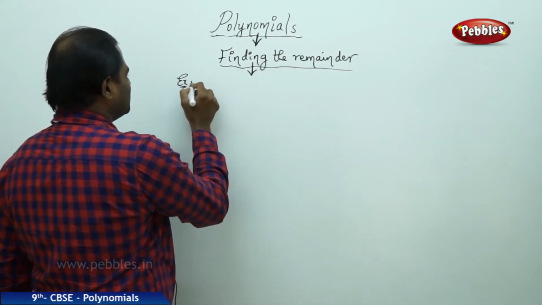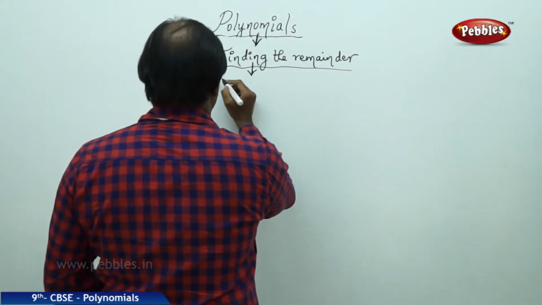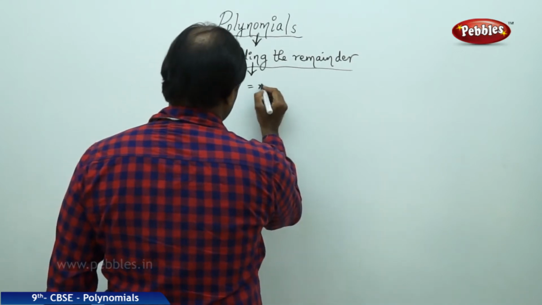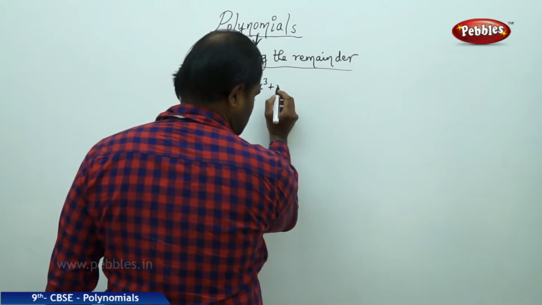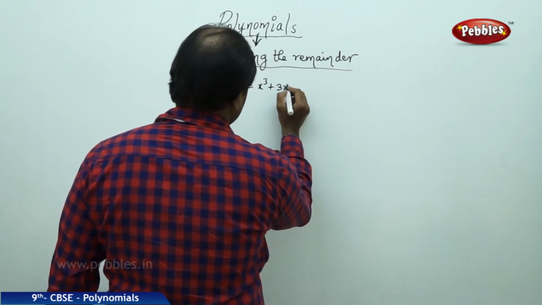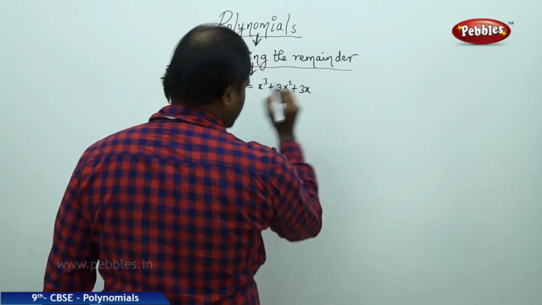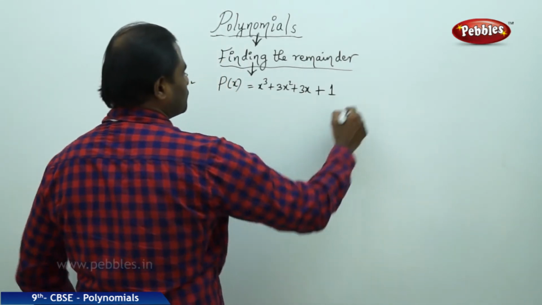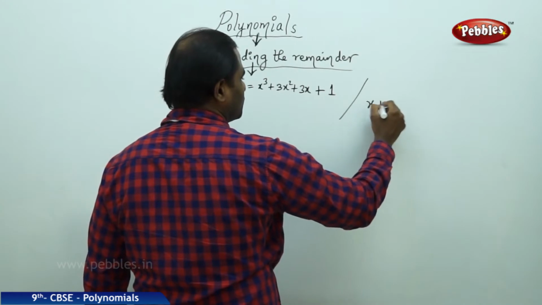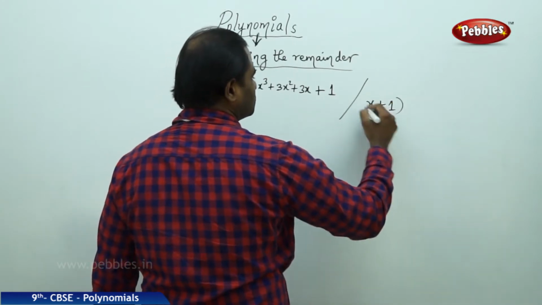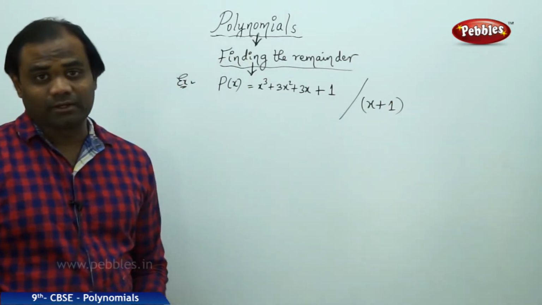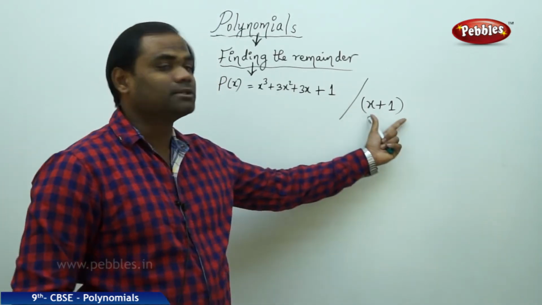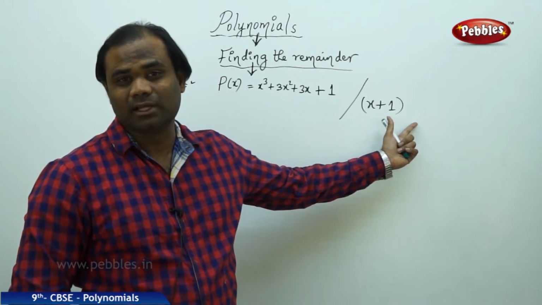For example, I have a polynomial p of x, which is x cubed plus 3x squared plus 3x plus 1, which is divided by another polynomial x plus 1. I would like to find the quotient and the remainder for this polynomial p of x being divided by x plus 1.